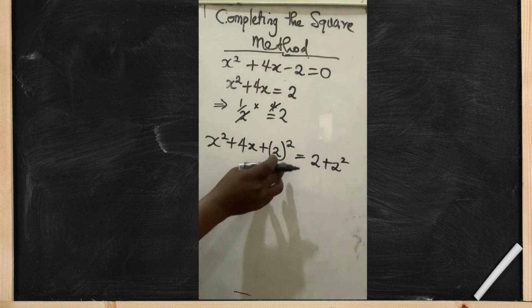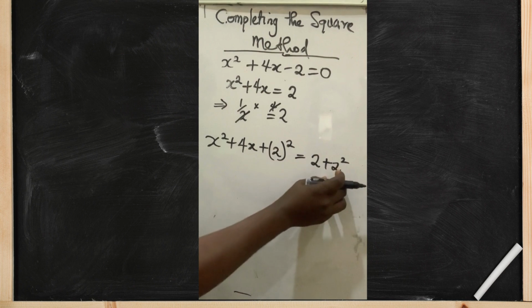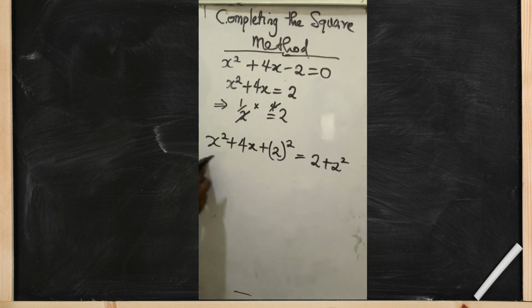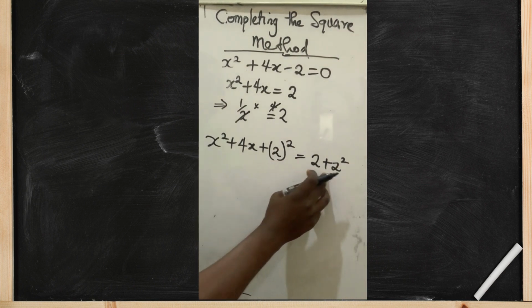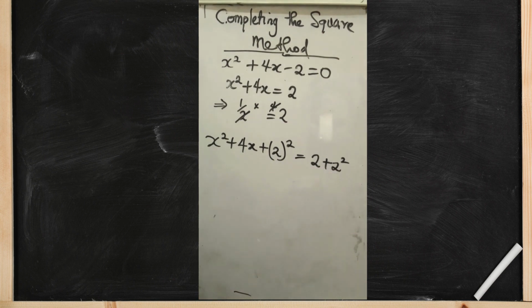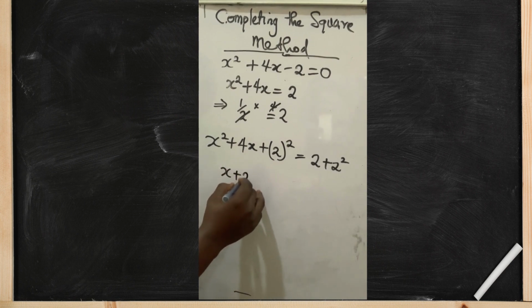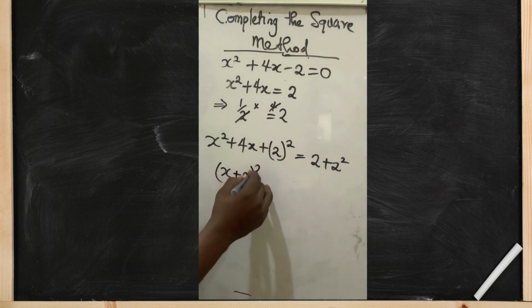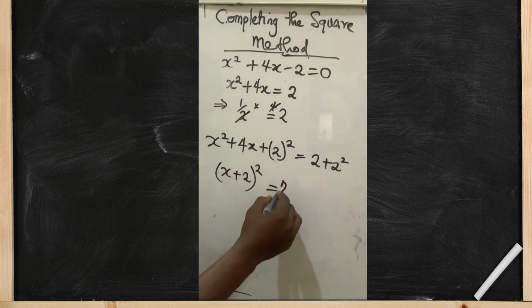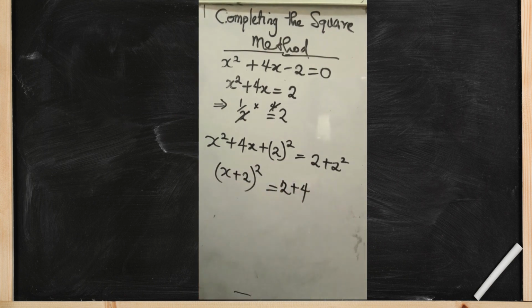So you have added 2 square here, 2 square here. This is going to make a perfect square, while this will also form another side of the equation. Now from here, you can deduce that this will give you x plus 2 square equals 2 plus 4.